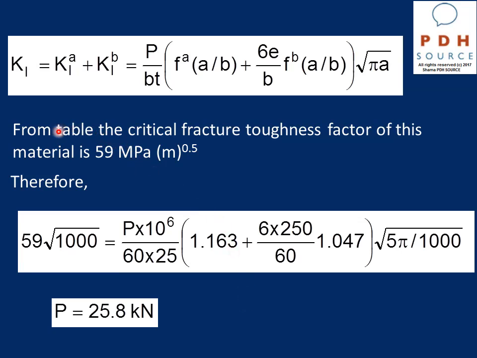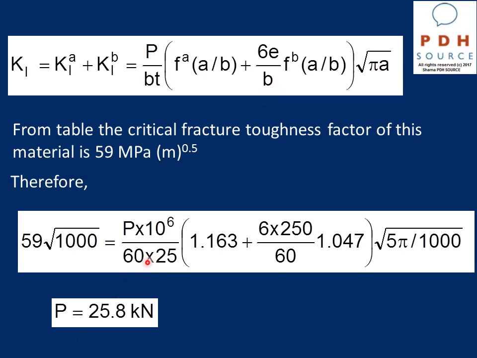If you go to the tables, you'll find that the critical fracture toughness for this material is 59 megapascal multiplied by square root of meter. So at fracture, this value should be equal to this equation here.